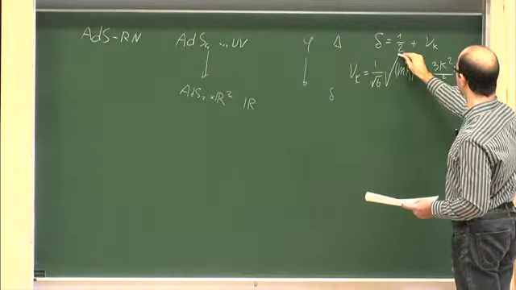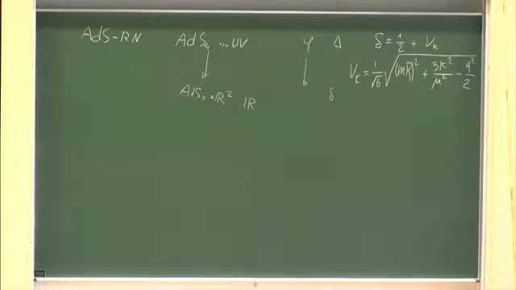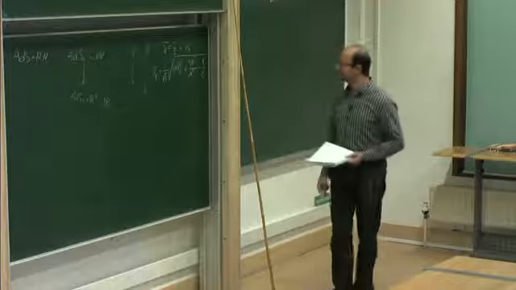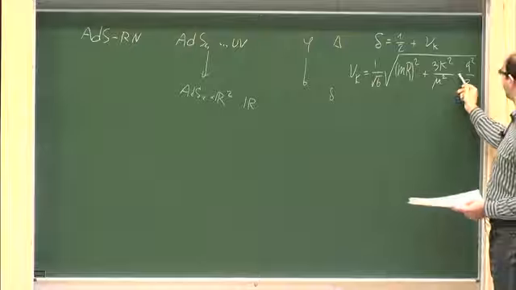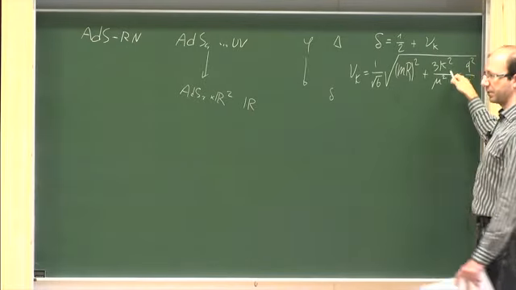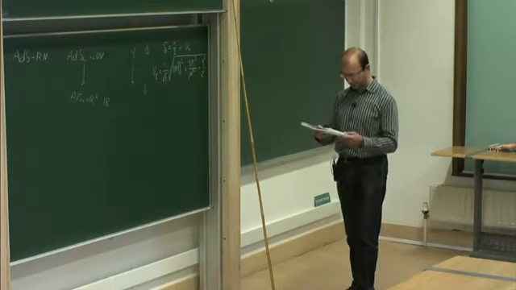So minus q squared over 2. Can you see, or should I write bigger? It's fine. So you see that for large enough charge, this conformal dimension wants to become negative, and the fermions want to develop an instability.